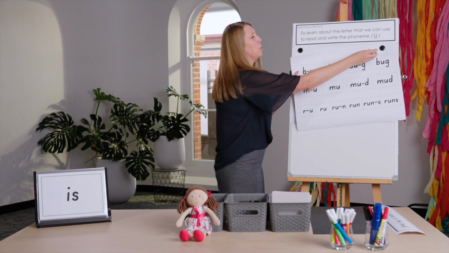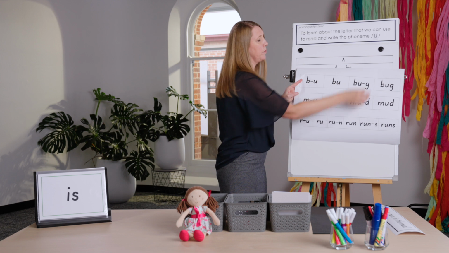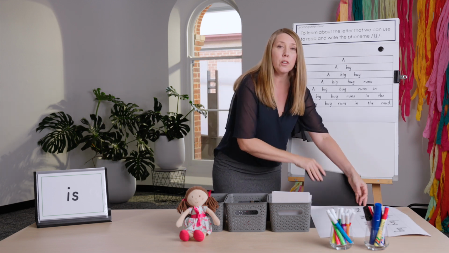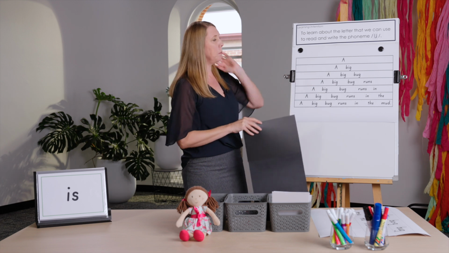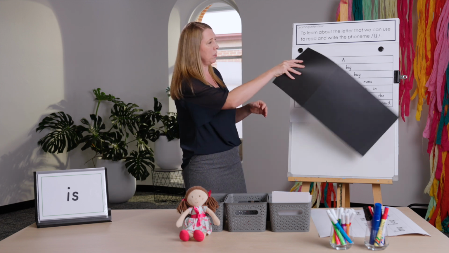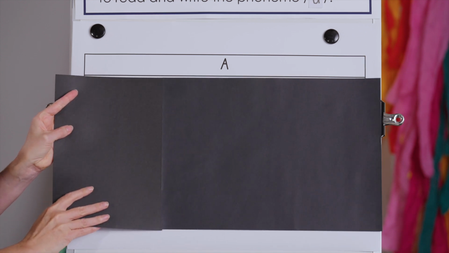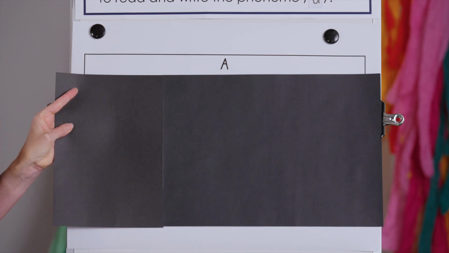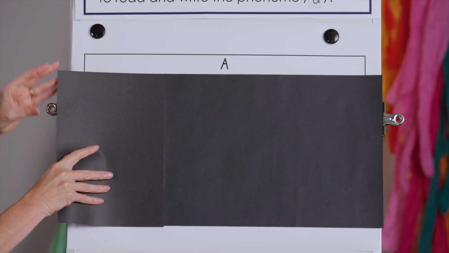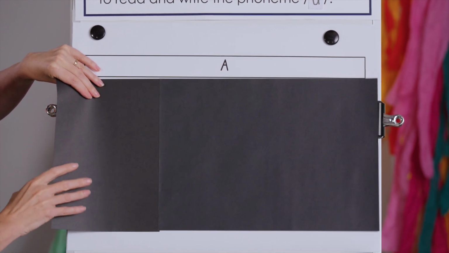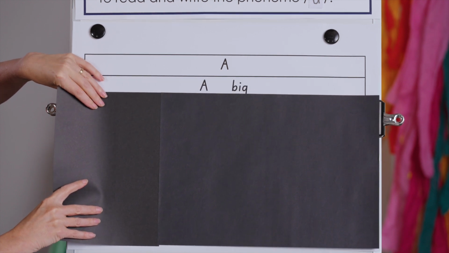Let's have a look at our reading pyramid now. This has got a sentence on it that has all those words in it: bug, mud, and runs. But I'm going to cover up most of the sentence. And at the top, we've just got the very first word. This is a tricky word that we know. Let's read it together. A. Next line.